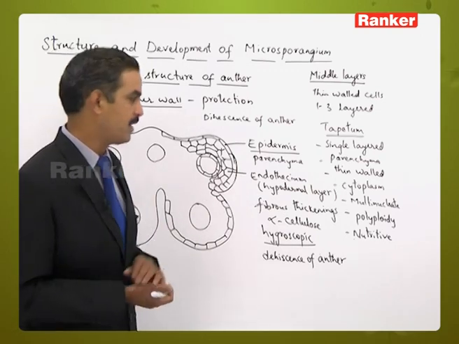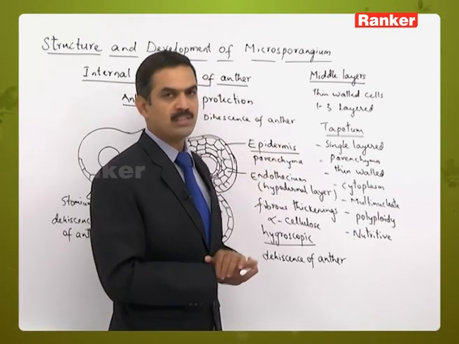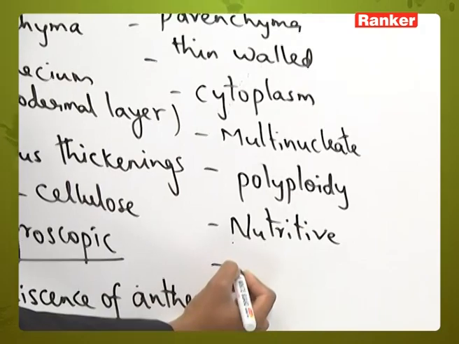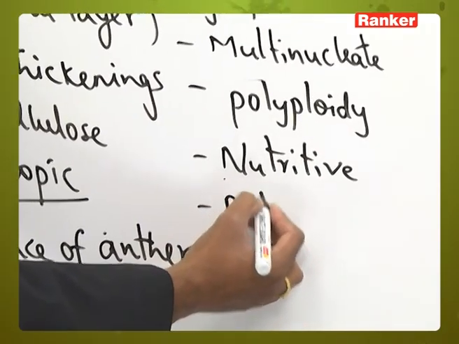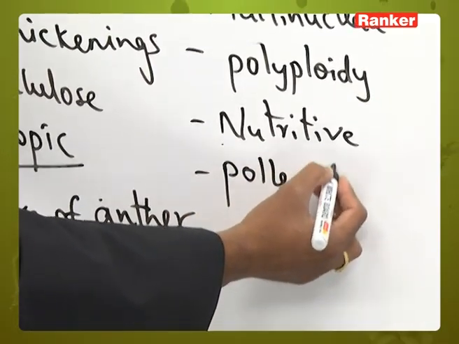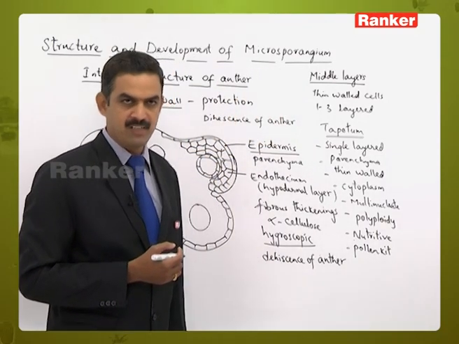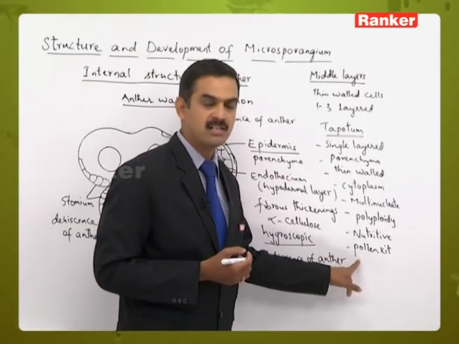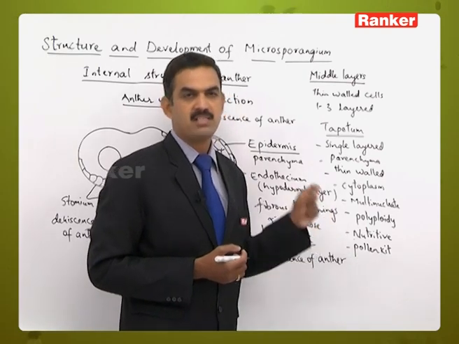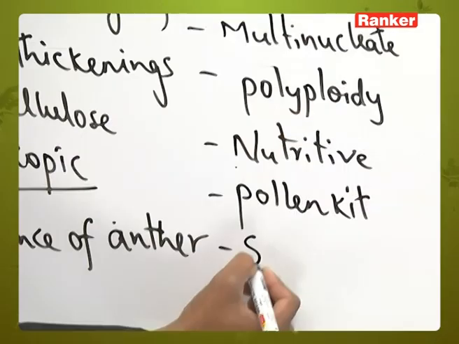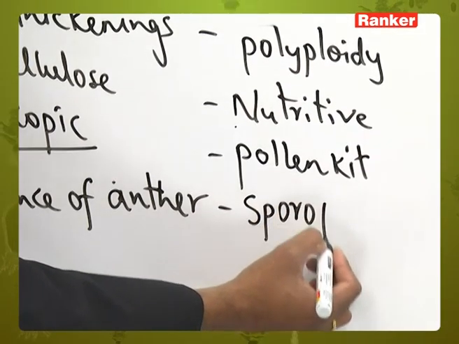The anther is ready to dehisce and release the pollen grains. Other functions of the tapetum are that it also helps in the formation of pollen kit, which is made up of proteins and carotenoids, and the pollen kit is also concerned with the formation of sporopollenin.